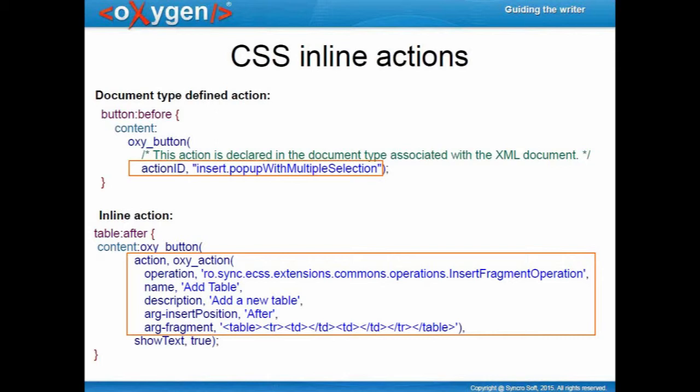So previously in oXygen 16, and I've also mentioned that in Claudia's presentation, if you want to add an inline action form control, you would have to go in the document type edit dialog and define your action there, and then go to the CSS and bind that action to your button form control. So two places. You needed to go to two places.